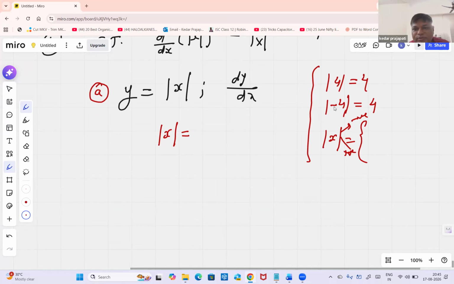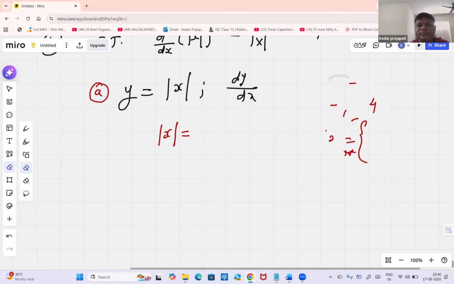Why is mod minus 4 equal to 4? Because minus 4 is already there, and one more minus we are giving, correct? Then only it becomes 4. What I'm saying is mod 4 is defined like this. Very important.